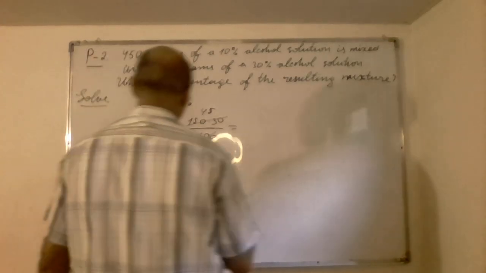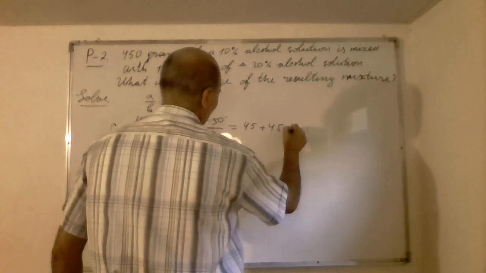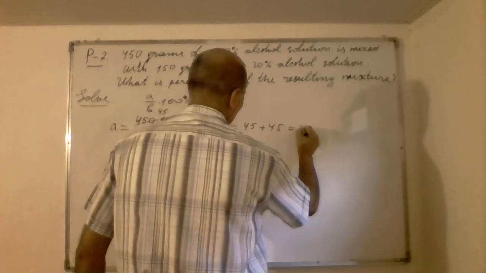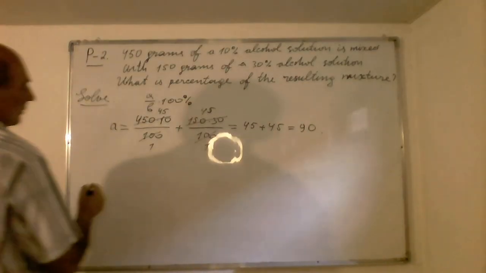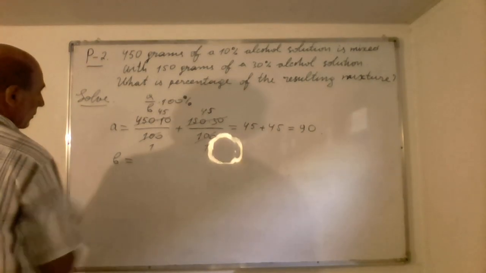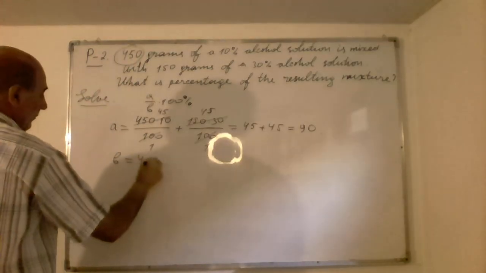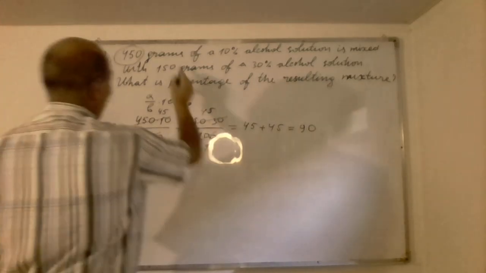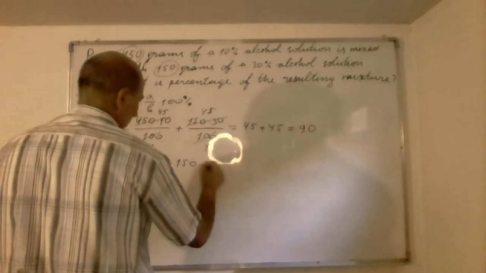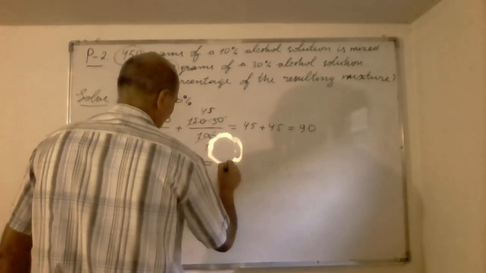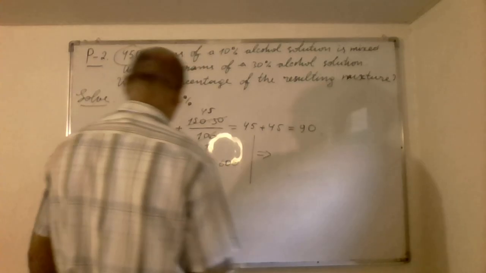And so we can write 45 plus 45, which equals 90. And we know that B equals 450 plus 150 equals 600.